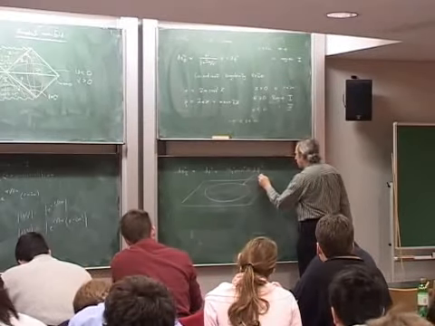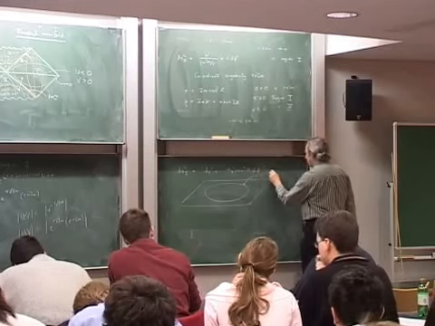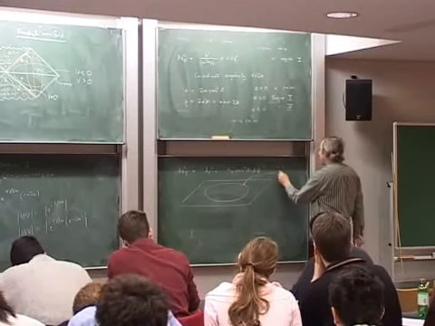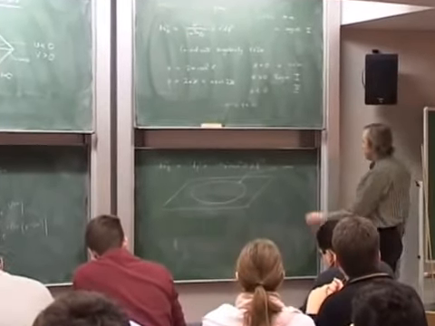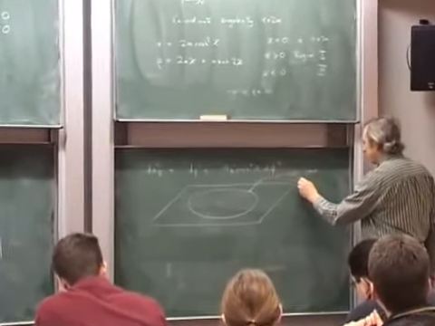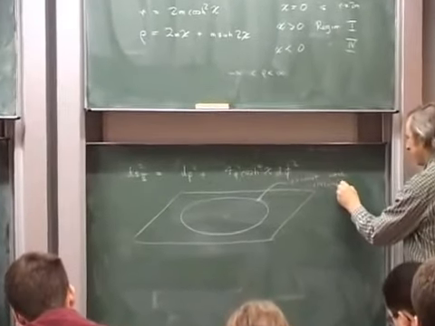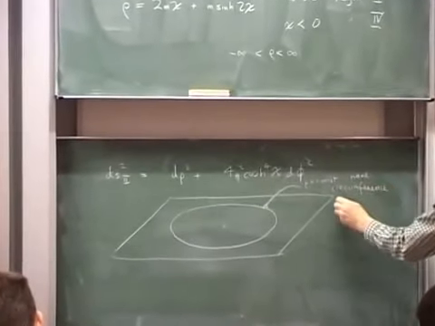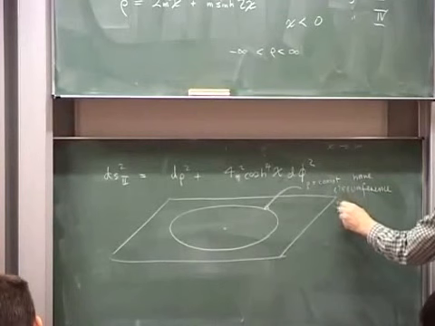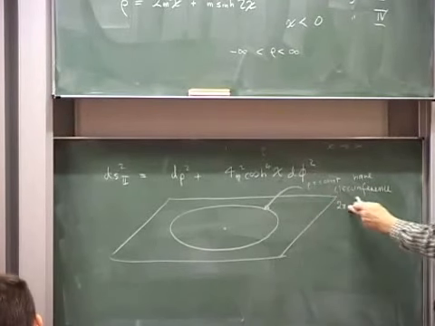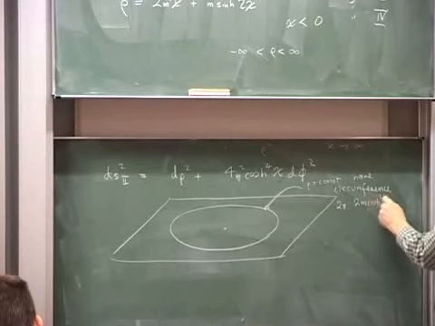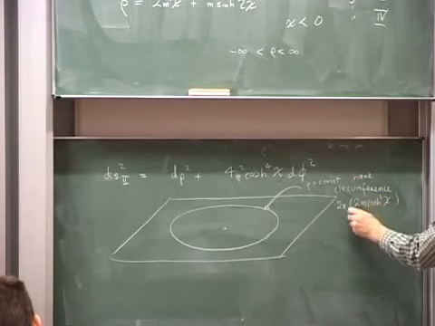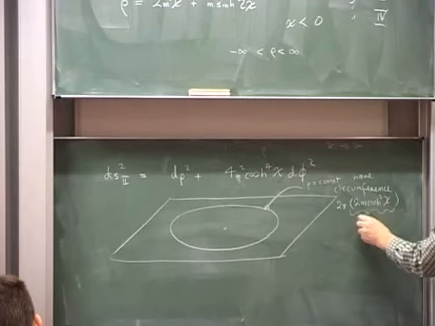So rho equals constant surfaces have circumference 2 pi, because phi goes from 0 to 2 pi, times 2m cosh squared chi, where you want to think of this as being a function of rho.